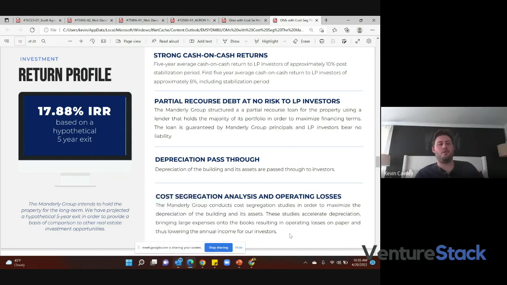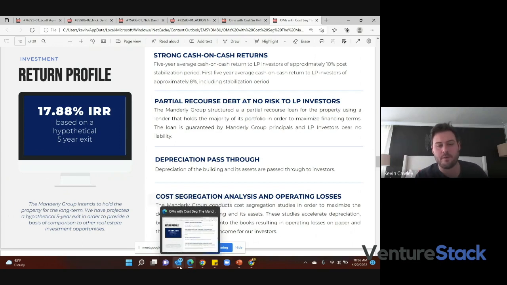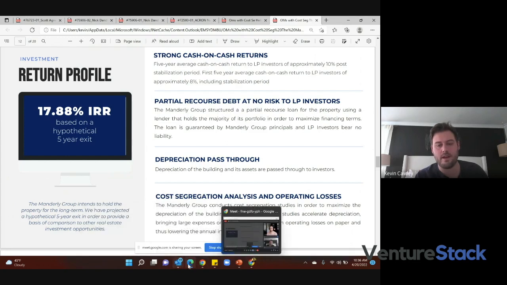Yeah. So if you're a passive investor, there's a fund, and they're going to buy a large property or a group of properties. You put in 50K, 100K, whatever it may be, and we'll do a cost segregation study on that building. We'll go to a larger example here. Give me one sec. And I'll show you.